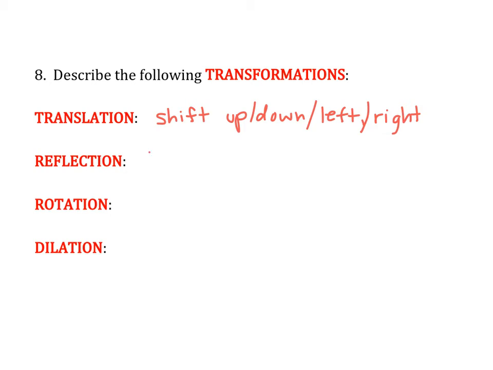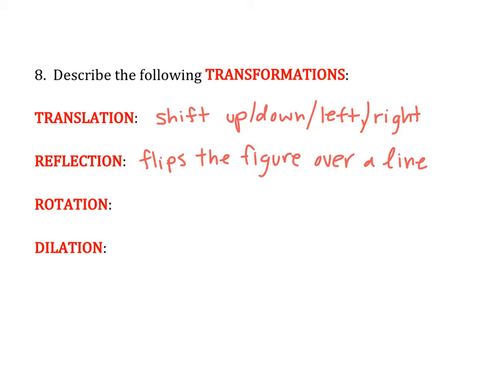So a reflection flips the figure or the graph over a line. So it might be upside down or it might be mirror imaged, but the actual shape of the graph is maintained and the distance between the points is also maintained.